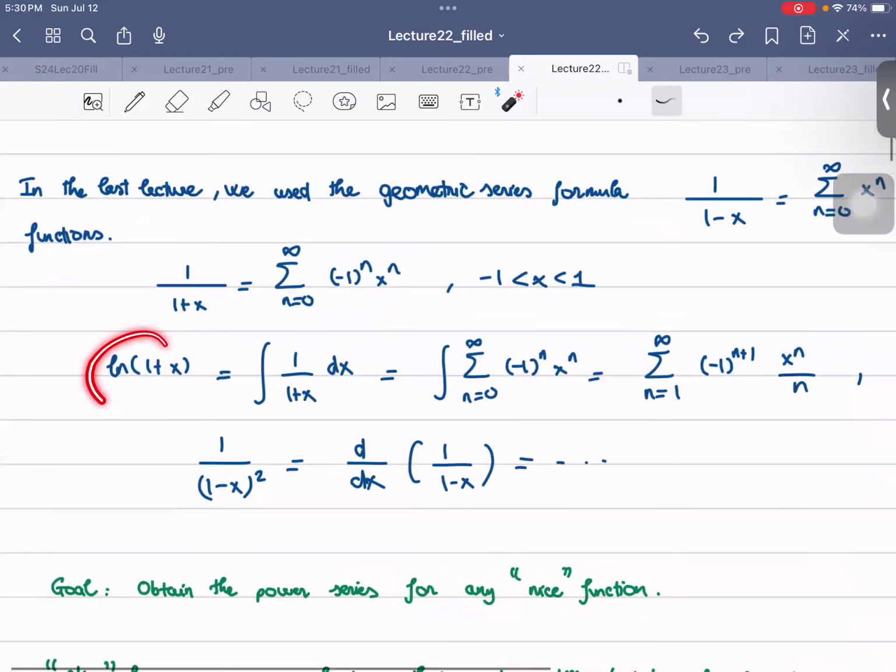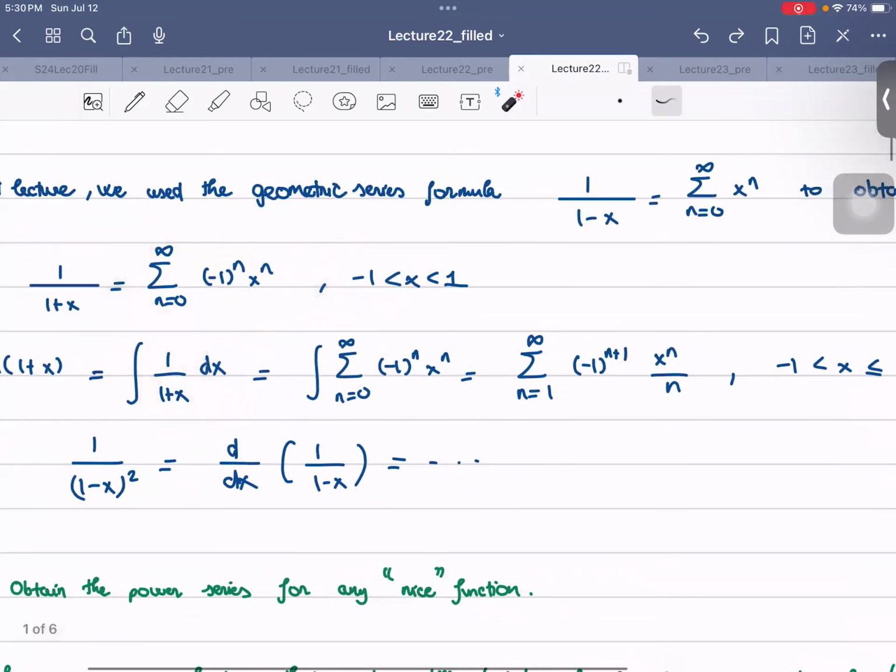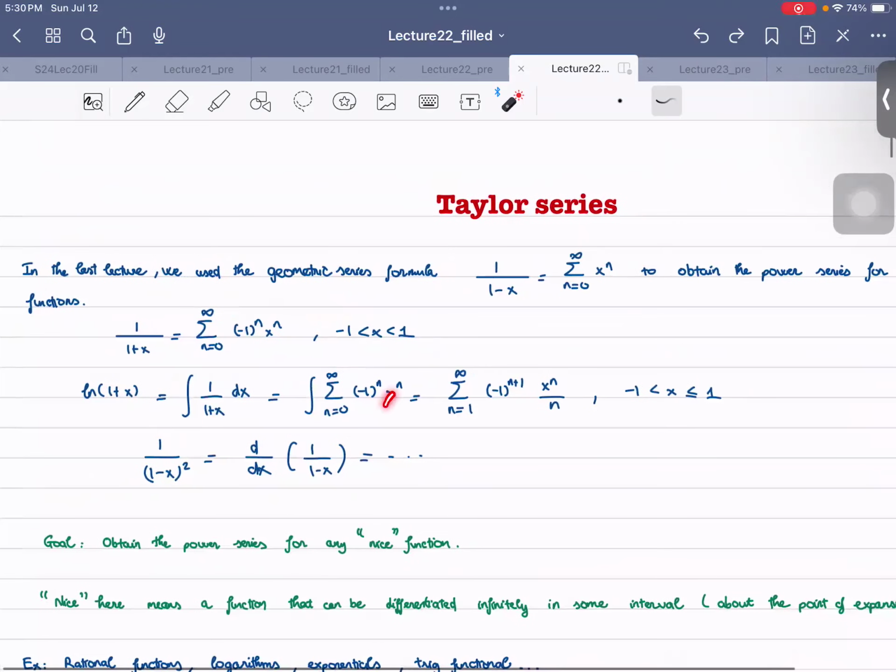If you have ln of 1 plus x, then you can think of it as the antiderivative of 1 over 1 plus x, and you replace 1 over 1 plus x by this power series, and you integrate x to the n, and by doing that you will have the power series for the log function. This is one of the ways, okay?